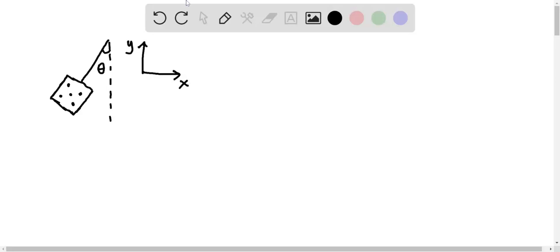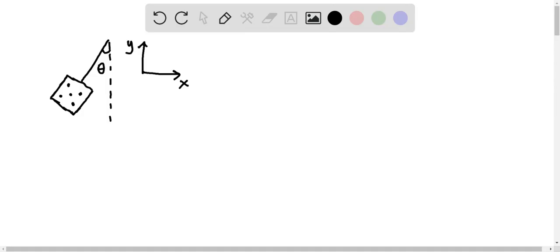Hi there. So, in this problem, we need to determine the angle that the strings make with the vertical. Here we have a dice, and the first thing we need to do is draw all the forces acting on the dice.